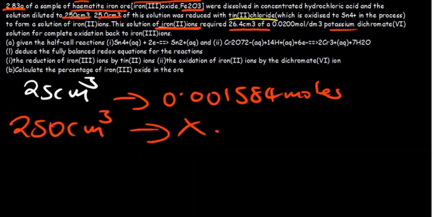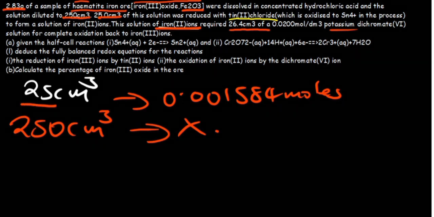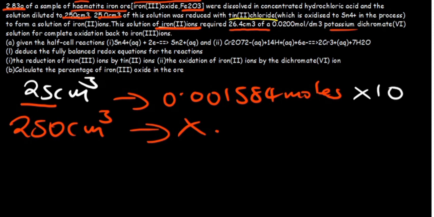So if that is to become 250, it requires you to multiply by 10. Or you can cross and multiply, whichever works for you. So the number of moles that we're going to have is 0.01584. These are the number of moles that we had in the iron oxide.